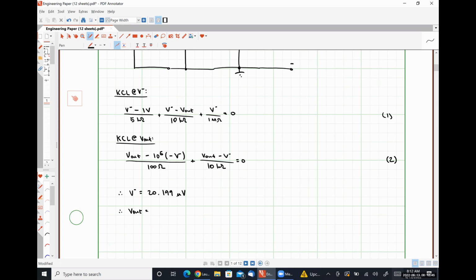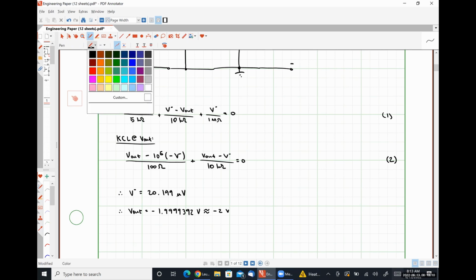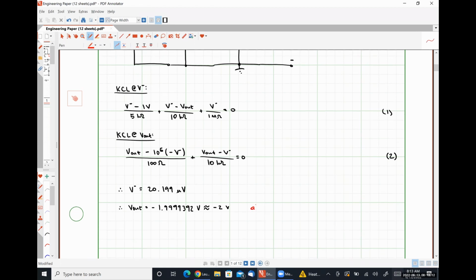And V out is equal to negative 1.99999392 volts, which is approximately negative 2 volts. So this was part A, and we have completed it. We have determined our output voltage.